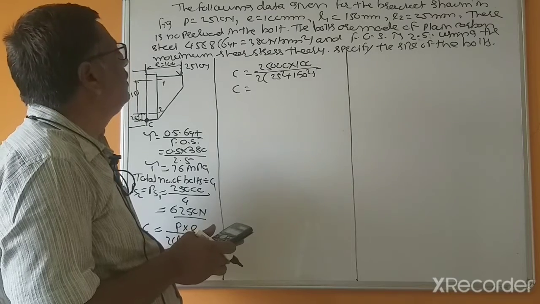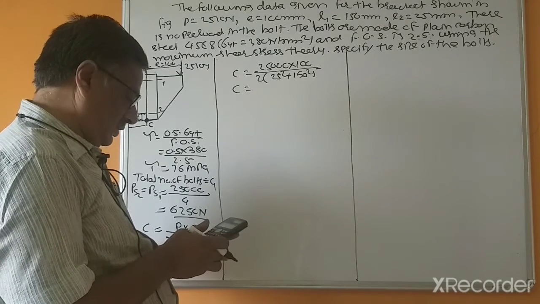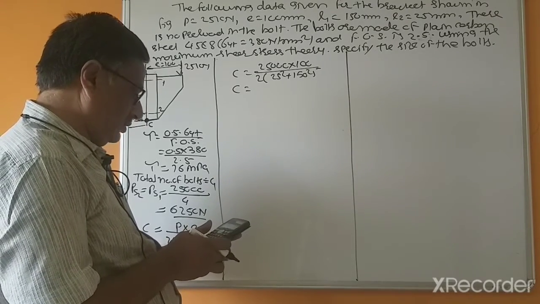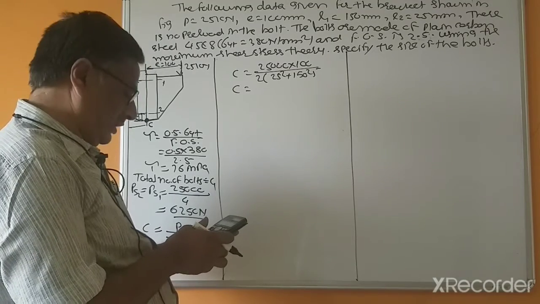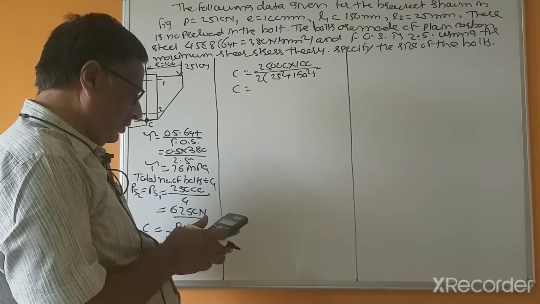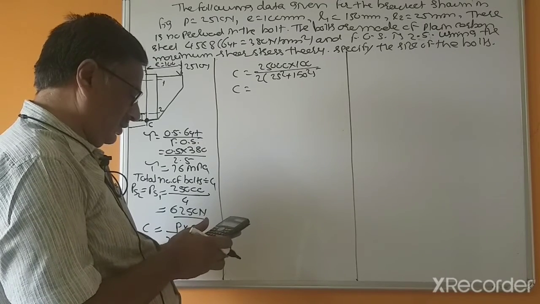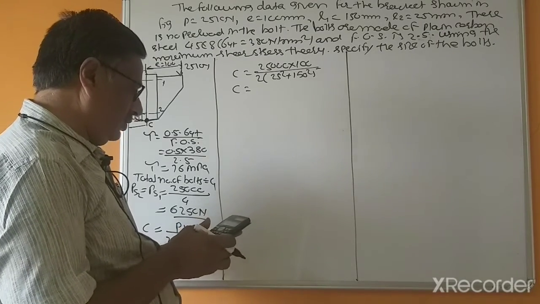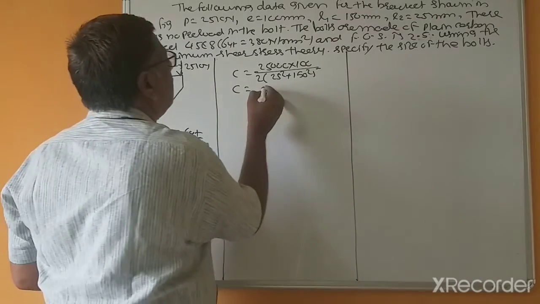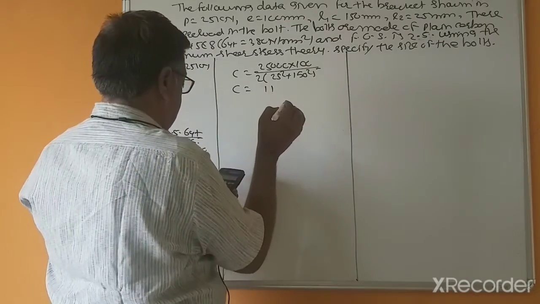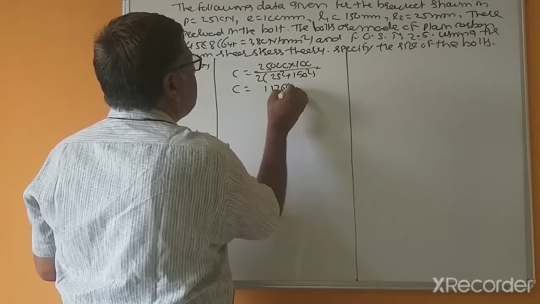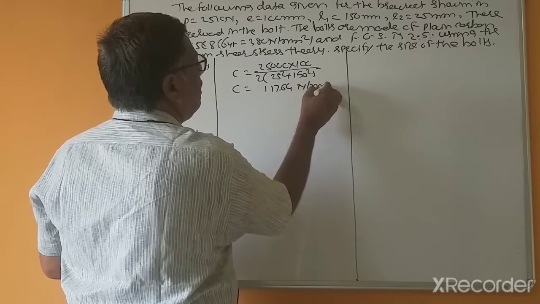This is 10 multiplied by, divided by 2, and I got 7.64 Newton mm.